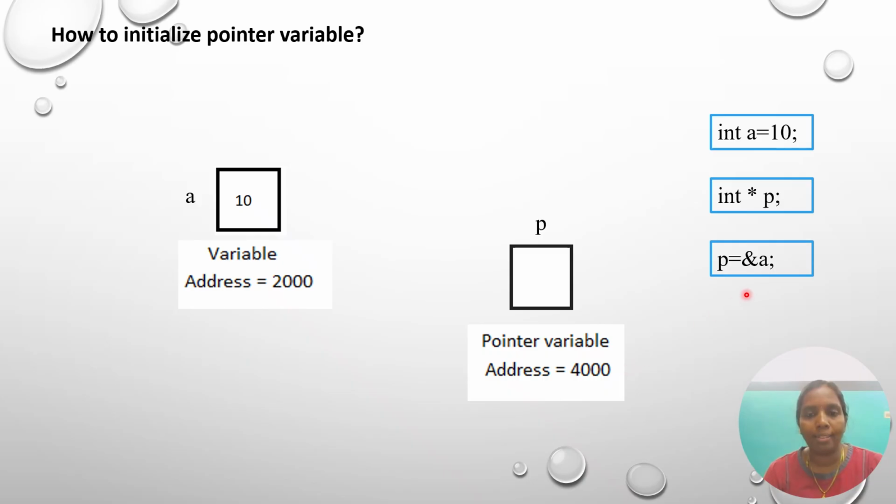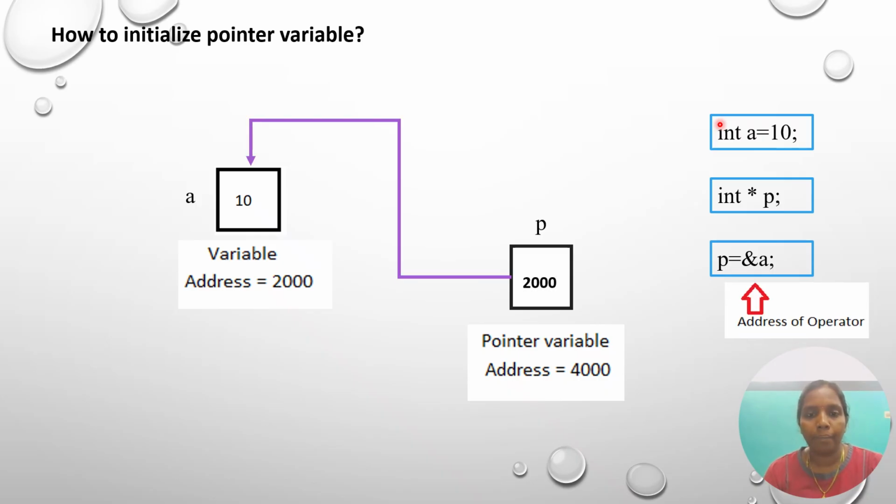If you want to access the address of this variable, we use the syntax p equal to ampersand a, where ampersand a indicates the address of the variable a. This ampersand operator is called the address operator.